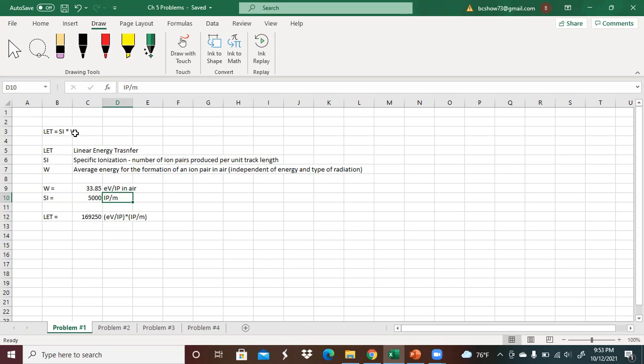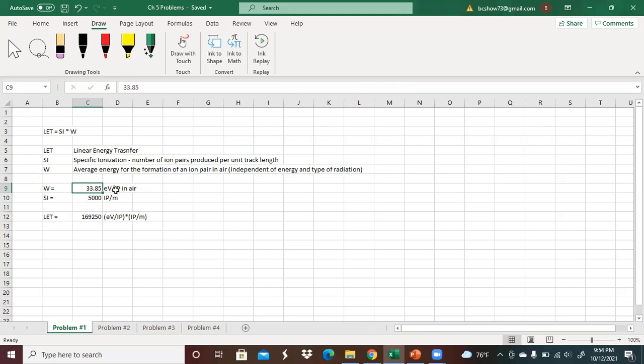This is going to be multiplied by W, and W represents the average energy for the formation of an ion pair in air. It doesn't really matter what the energy is or the type of radiation. We just happen to know the constant. The constant has been measured, and the average energy is about 33.85 eV per ion pair in air.